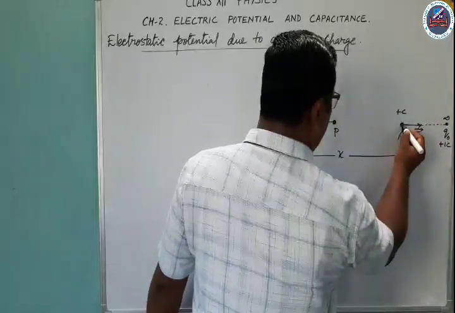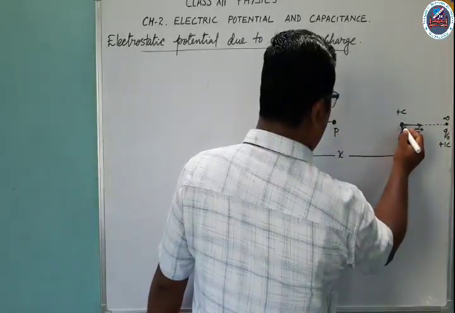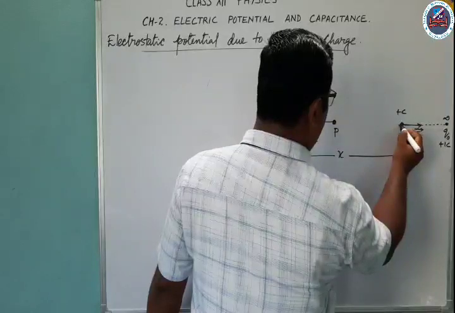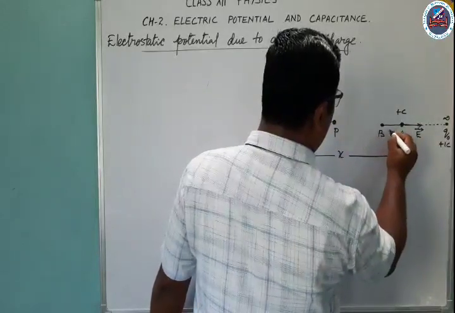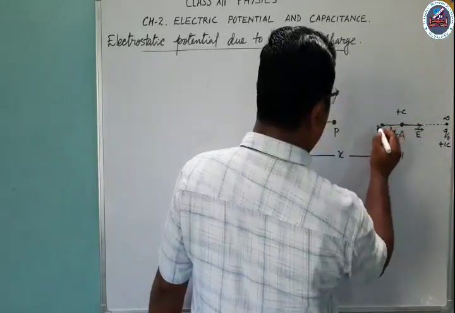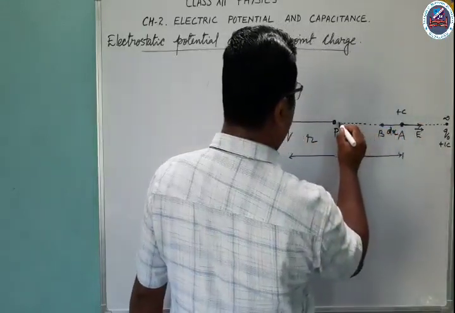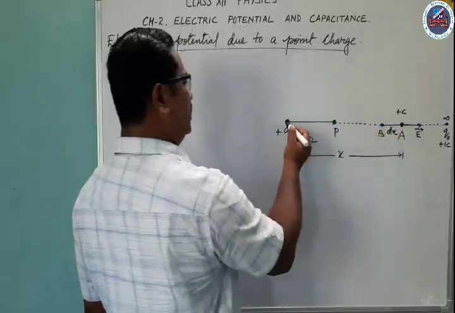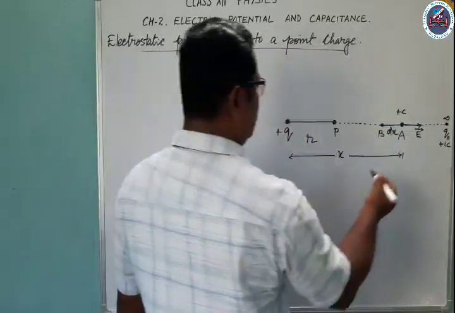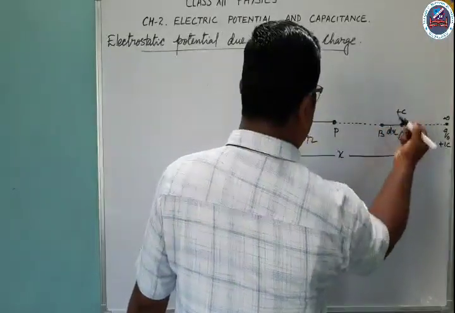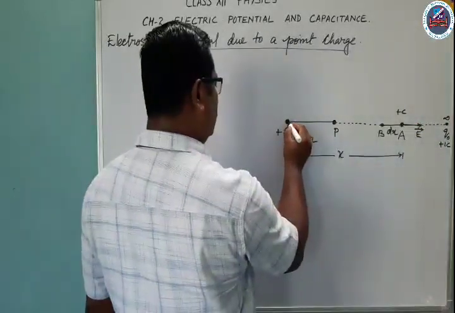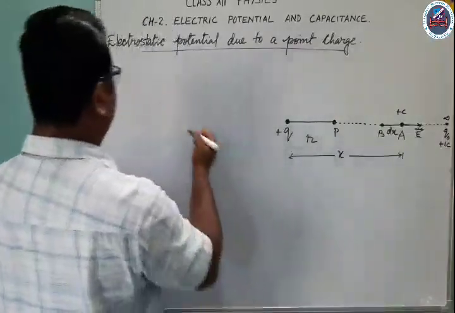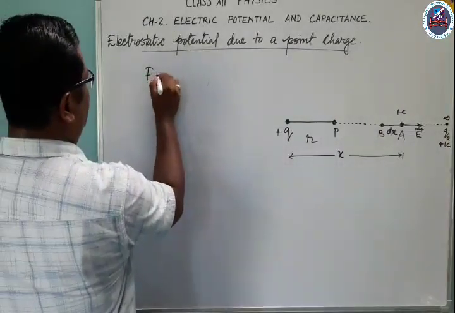Now let us calculate a small work that is done in bringing the charge from A to B. Let us mark this as dx. The line is along the radial direction. We are bringing it straight. The force experienced by this unit positive charge at point A due to this source charge Q, we can write it as F by using Coulomb's law.